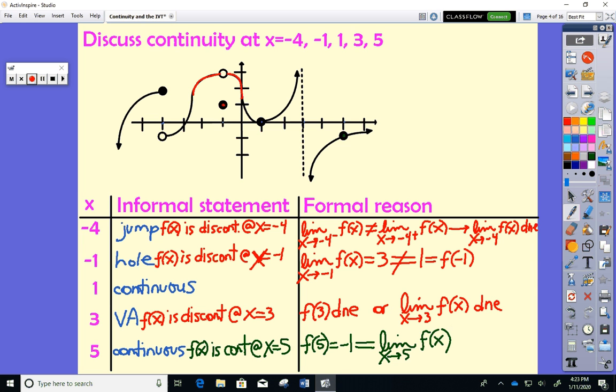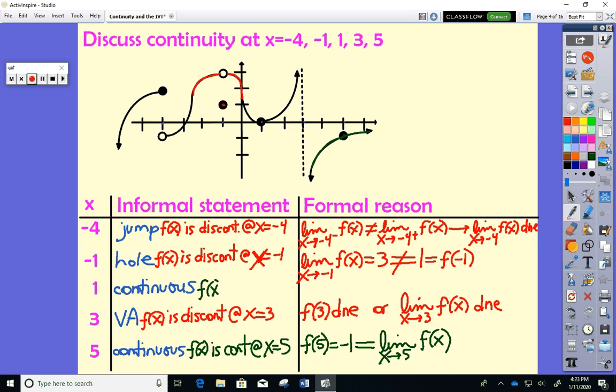Because if I trace toward x equals 5 from the left, and I trace toward x equals 5 from the right, I'm also from the left and right meeting at that point 5, negative 1. So that does it.